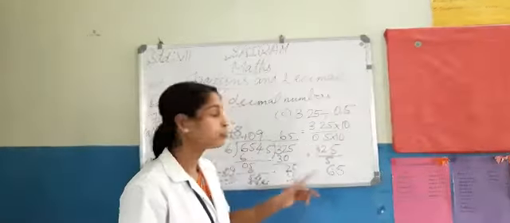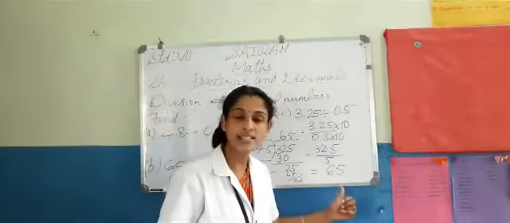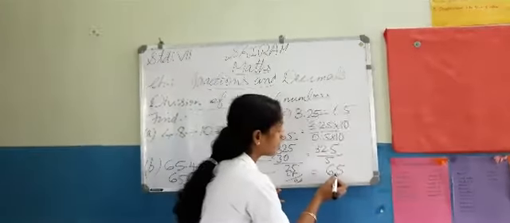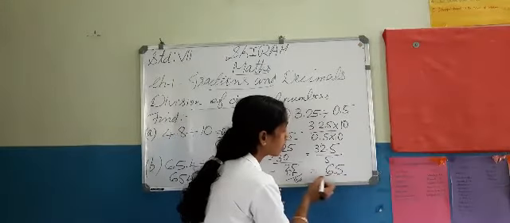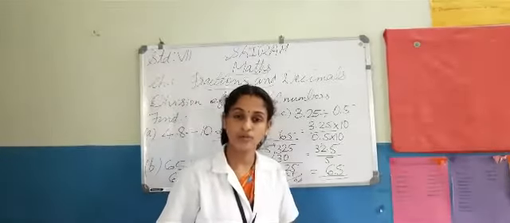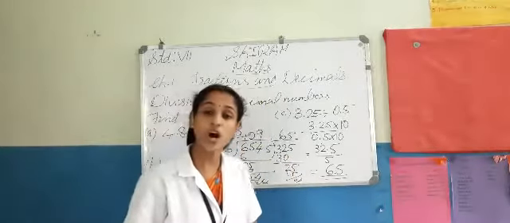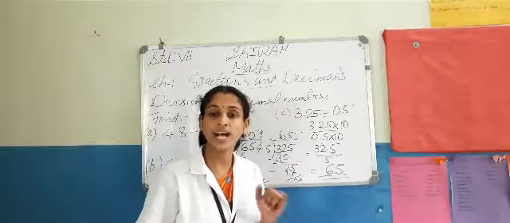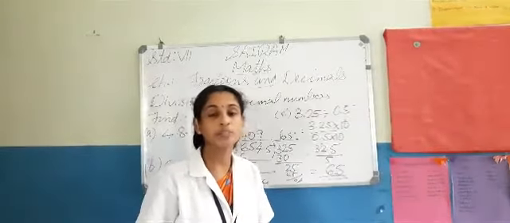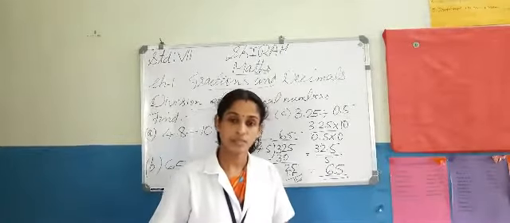After that, put the decimal point in the quotient as in the decimal number. Here only one decimal place, so we have to put the point after one decimal place. The answer is 6.5. I hope you are all clear on division of a decimal number by 10, 100, 1000, and a decimal number by a whole number, and also a decimal number by another decimal number.